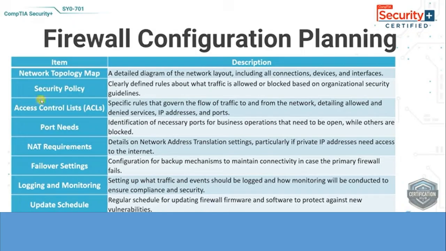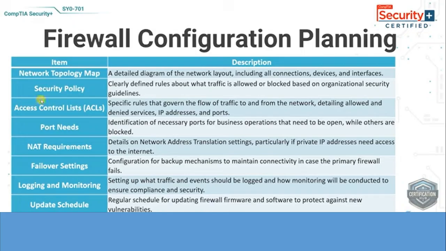That comes under the access control list. Port needs: we need to identify the necessary ports for business operations that need to be open while others are blocked. So we need an idea about which ports are open, and the other ports should be blocked.